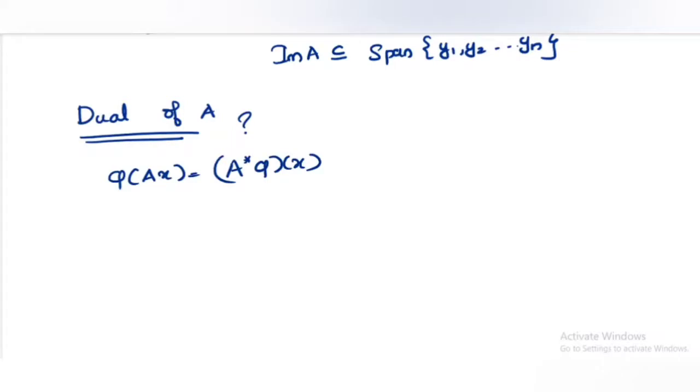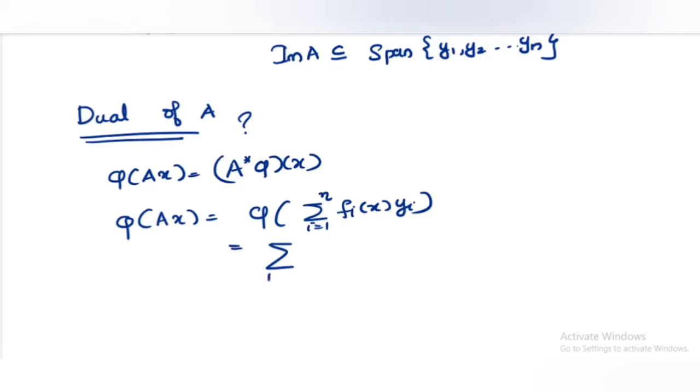Now what about phi here? Here Ax, okay, you just apply phi to Ax. And this is equal to phi of, what is our Ax? Sigma i equal to 1 to n fi of x into yi, and this is equal to sigma i equal to 1 to n fi of x into phi of yi. This is actually phi of fi of x yi, but fi of x is a constant, therefore we can take this outside.